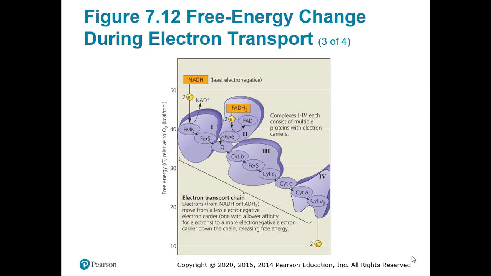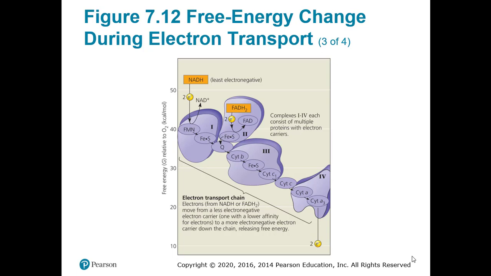You can see here that the electrons from the NADH or the FADH2 are going to go through a huge series of carriers. In protein complex 1, it's FMN, and then an iron sulfide.